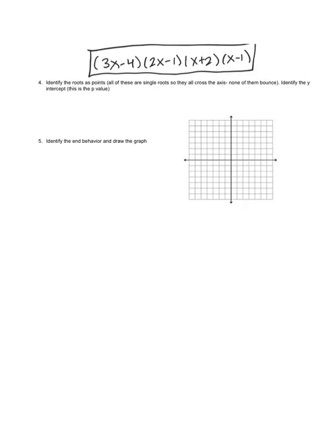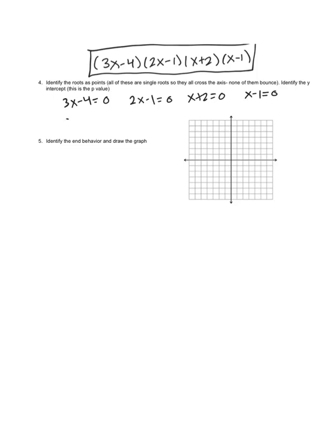Thank you. Number 4 wants us to identify the roots as points. So I'm going to take my factored form, and I'm going to use that to solve those 4 different factors for x. So you're basically going to take each one of these factors and set them equal to 0. And then you're going to solve for x on all of them, and that should give you your roots.